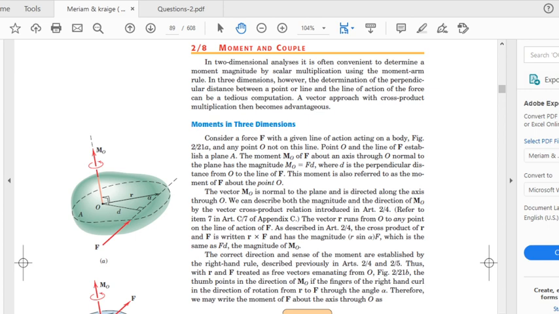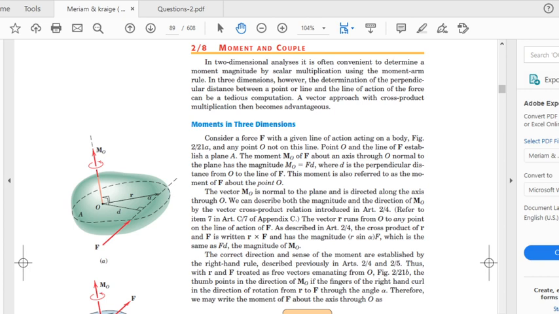In 2D also, all the moments were about an axis which was perpendicular to the plane of the force and the position vector. However, all the position vectors and all the force vectors were in one plane when we were talking of 2D.